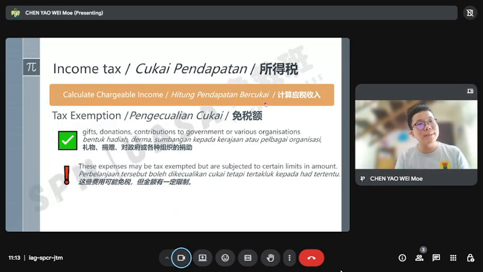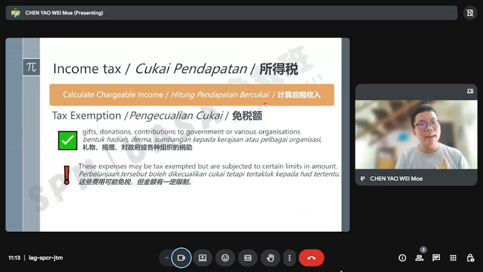But these expenses may be tax exempted, but are subject to certain limits in amount. So you cannot just say, if your income is this much, so you donate this much money, cannot. Tak boleh pakai macam ni. Ada limit, ada had.